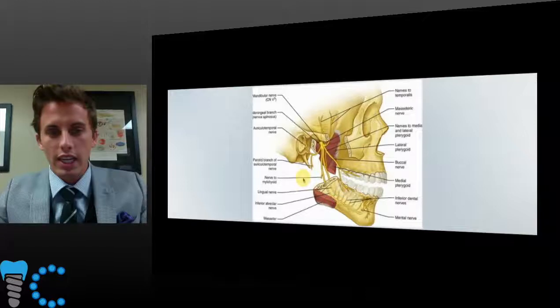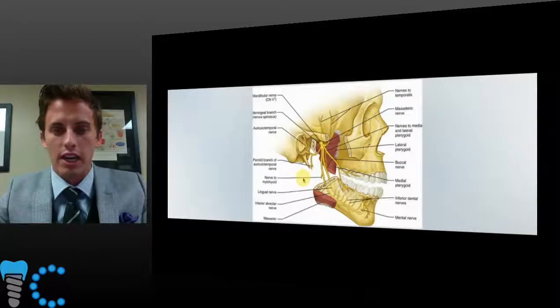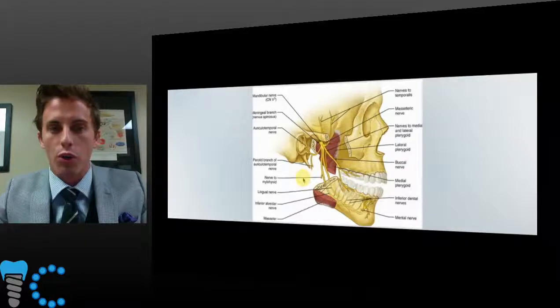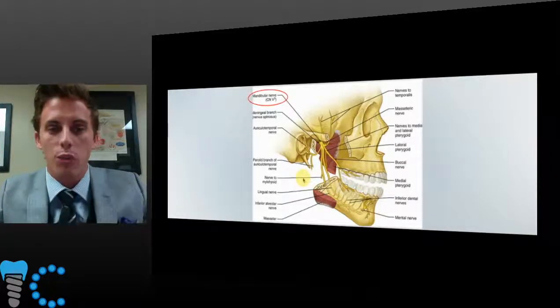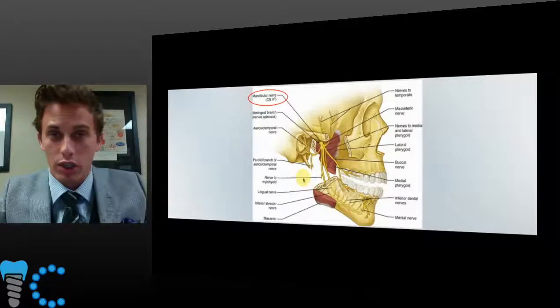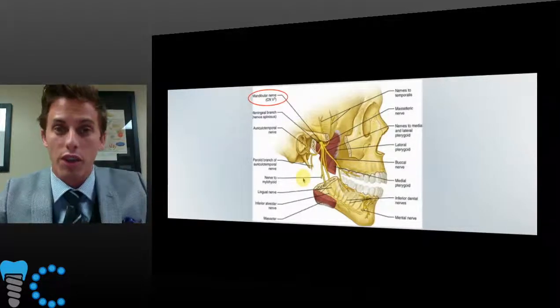So I'm looking at this diagram here, and I know it might be a little bit confusing, but let's focus on a couple things that I'll highlight in red. So first, we have the mandibular nerve, which we all know is a third branch of the trigeminal nerve, or cranial nerve 5.